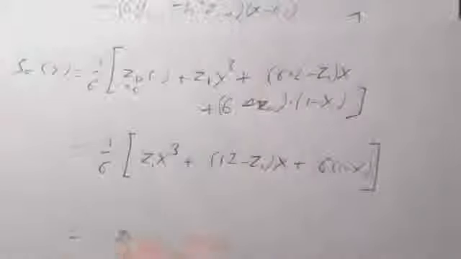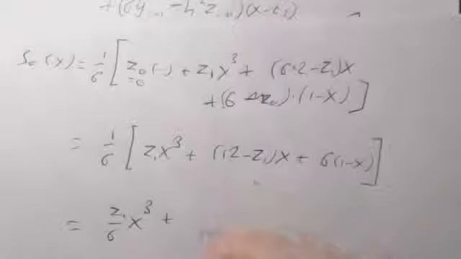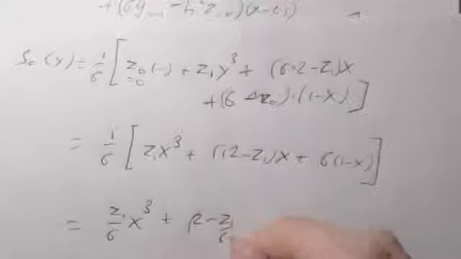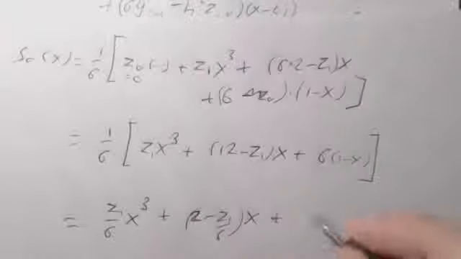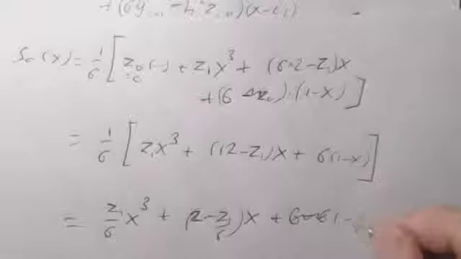So let's divide out 1 over 6. That's z1 over 6 x cubed plus (2 minus z1 over 6) x plus, 6 divided by 6, 1 minus x.